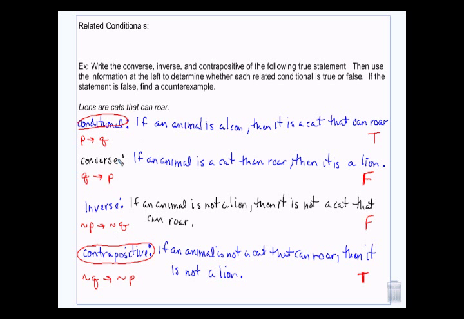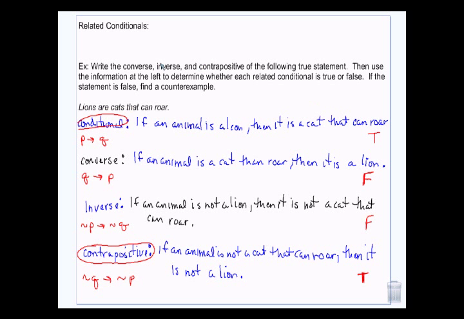So if I know that the converse is false, then I automatically know the inverse is going to be false. If the conditional is true, then automatically the contrapositive is going to be true. What is not the case is that if the conditional is true, it automatically makes the inverse false. Okay, because we have things that can go both directions, or maybe it doesn't automatically make the converse false.